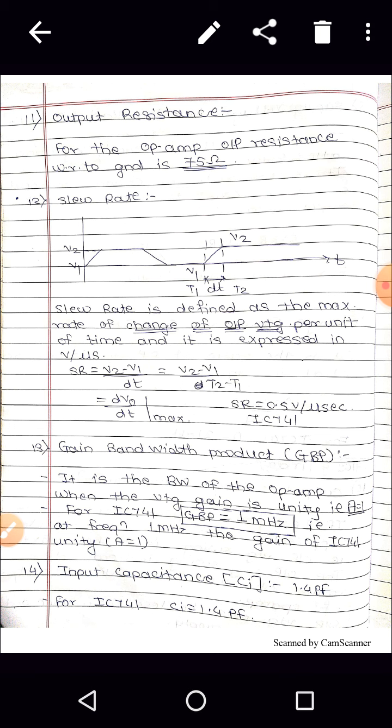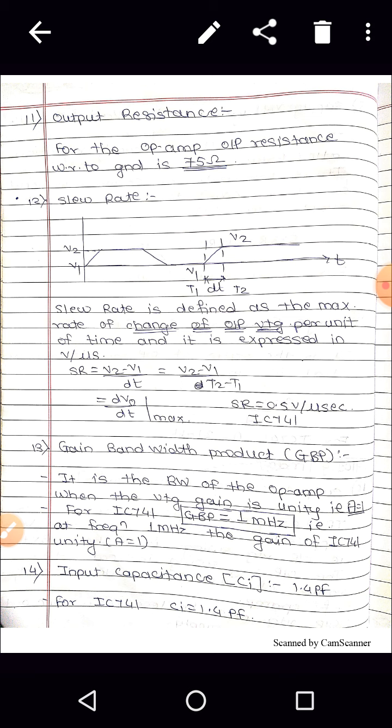Next characteristic, slew rate. Slew rate is defined as the maximum rate of change of output voltage per unit time, and it is expressed in volt per microsecond.